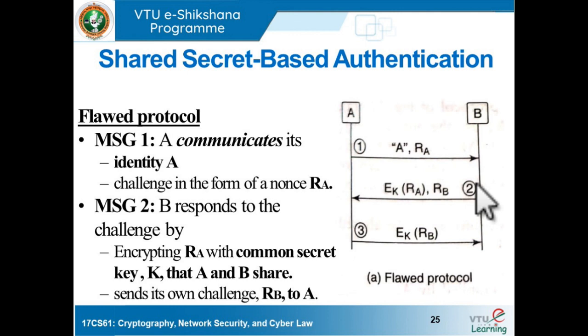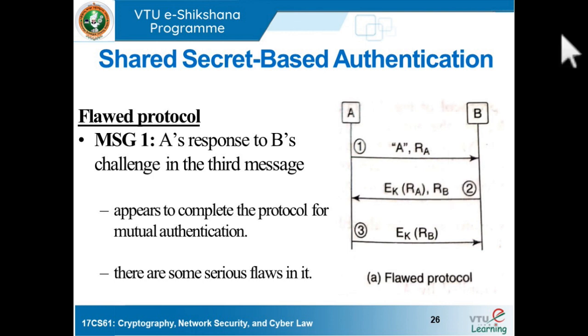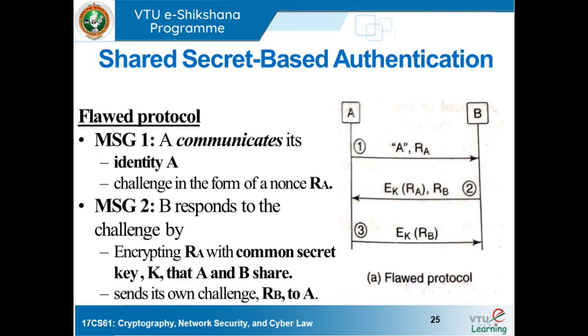Now B has to respond to the message that it has received from A. The first thing it does is select a nonce RB, and it also encrypts the nonce that it received from A, which is RA, using a common secret which was shared between A and B, and sends this entire set of information in message 2 to A. Now what is happening in case of message 3?